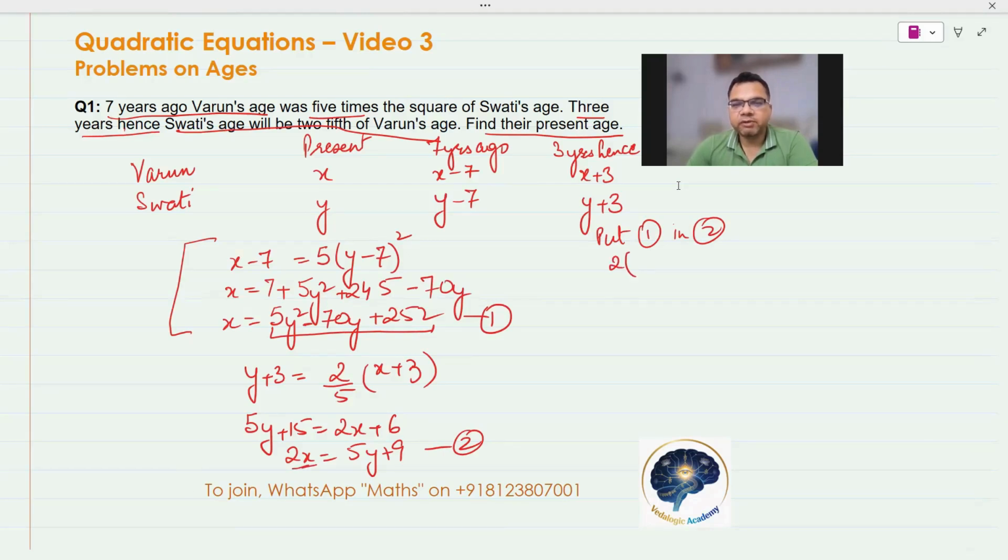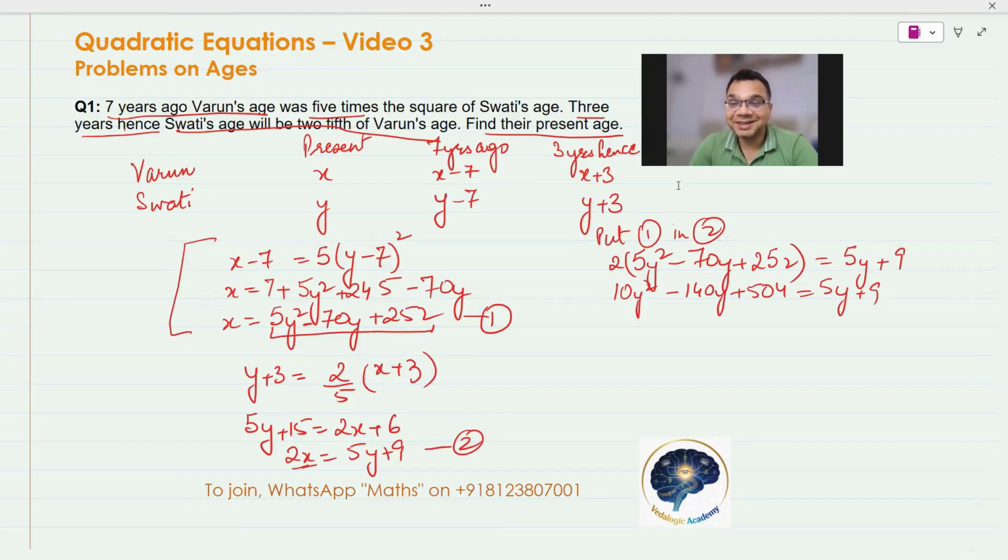So x value is 5y square minus 70y plus 252 equals 5y plus 9. Now if I open the bracket, it becomes 10y square minus 140y plus 504 equals 5y plus 9.